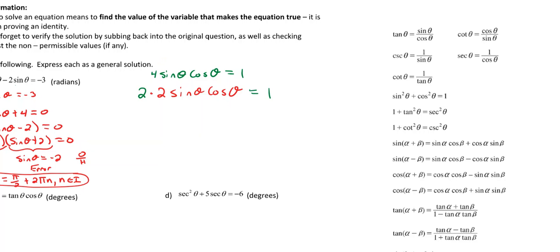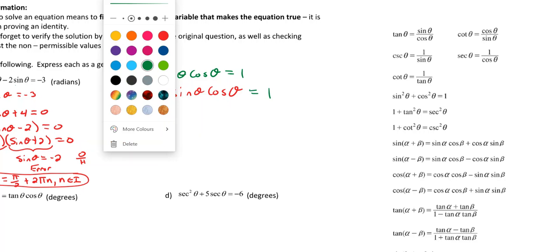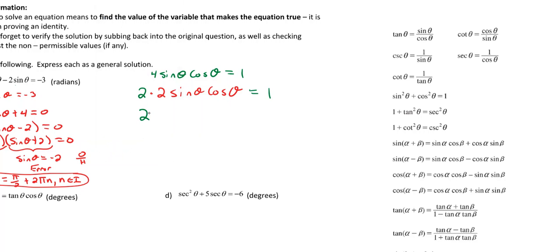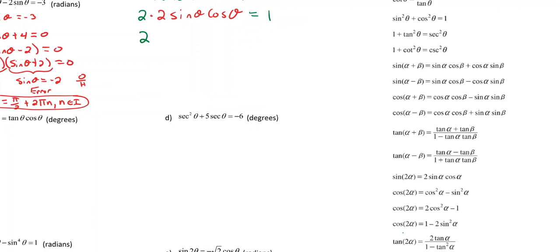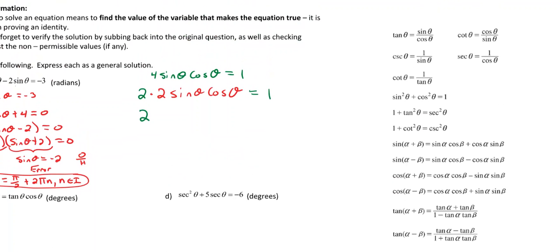Okay, so if we do that, now we can say, okay, now what we have left would be 2, and then 2 sine theta cos theta was sine 2 theta, is equal to 1. Okay, and then all I'm going to do here is divide by 2. So we're really asking ourselves, where is sine 2 theta equal to a half?